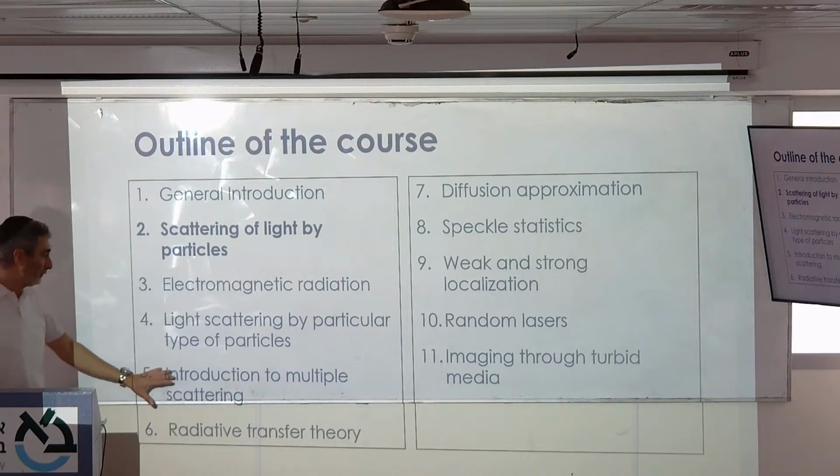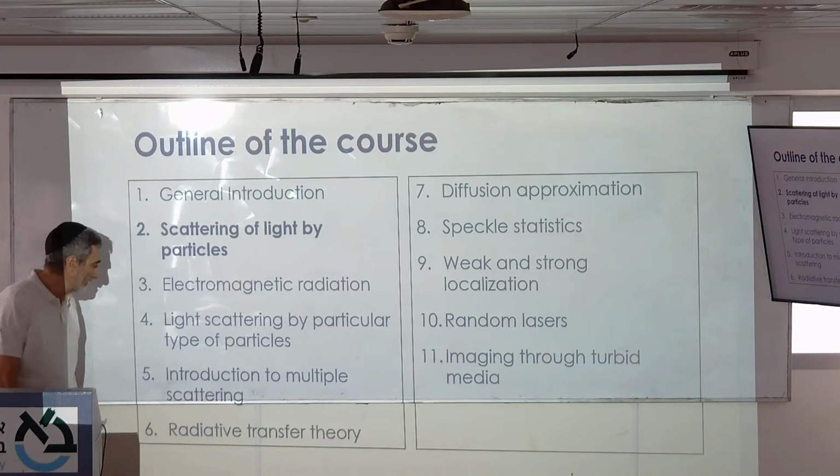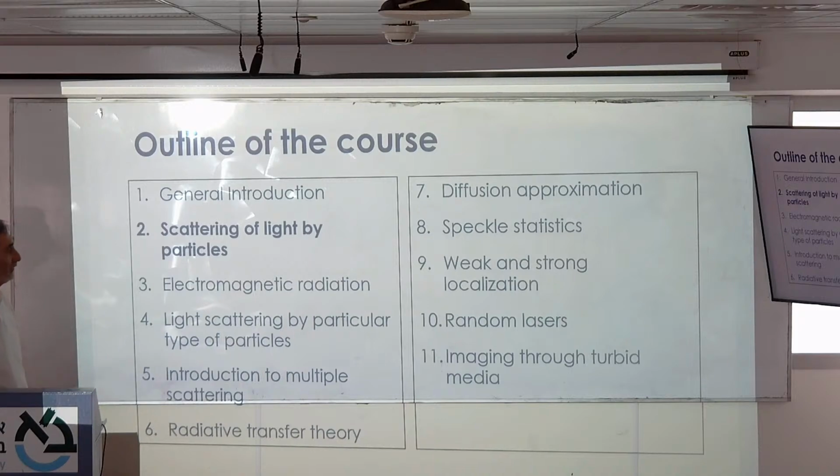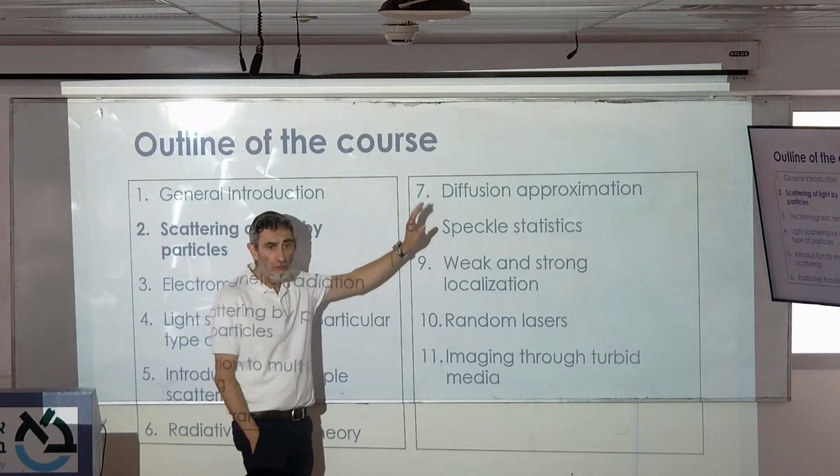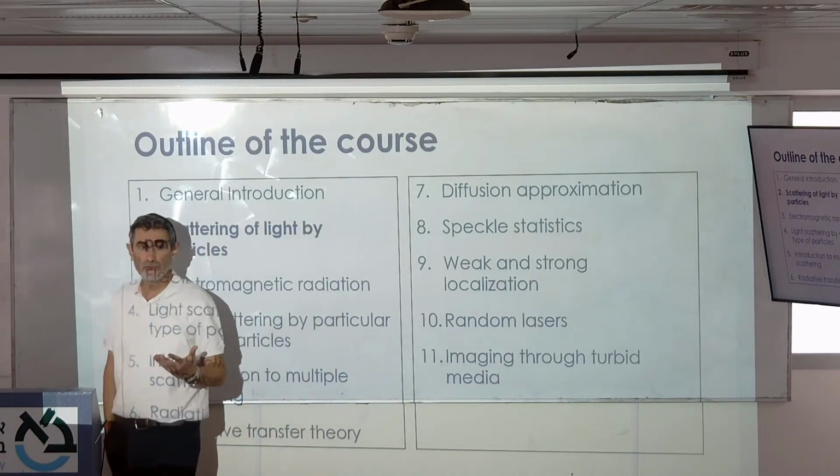But if we want to go to multiple scattering, then the story becomes much more complicated, and there is a completely different approach, more from up to the bottom. It's more like the approach of radiative transfer theory, diffusion approximation, where mostly we ignore the wave nature of light.